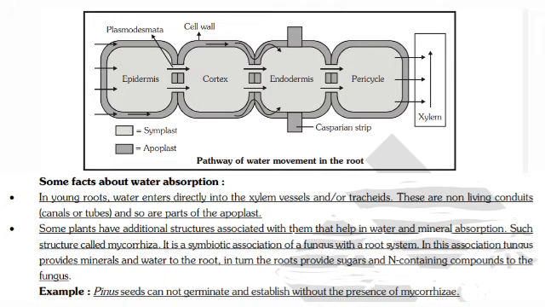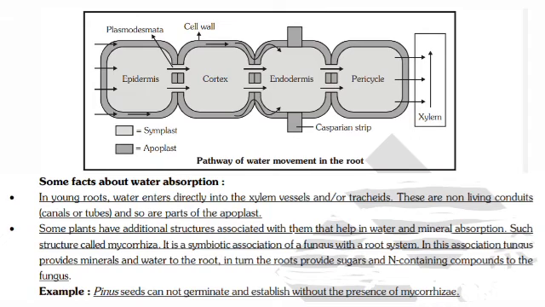Let's see the diagrammatic representation of the pathway of water movement in the root. The very first one, symplast. Symplast is the water movement which occurs into the cell and it goes into another cell through plasmodesmata.